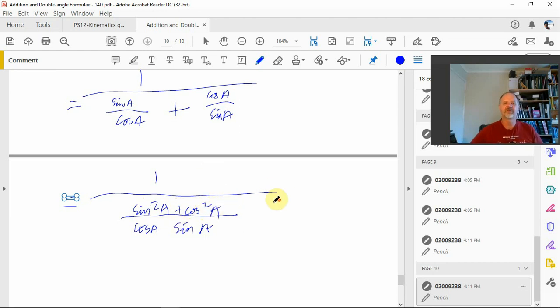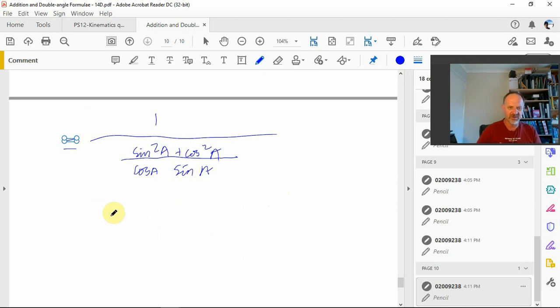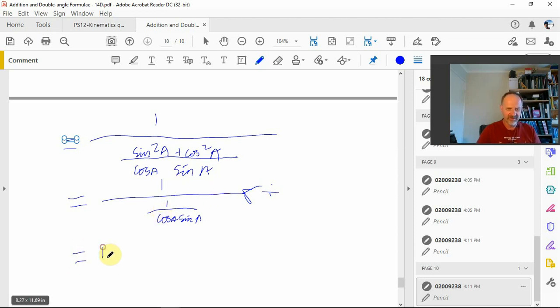Now, sine squared plus cos squared is 1. So it's 1 over cos A sine A. And we're dividing 1 divided by a fraction, turn upside down and multiply.